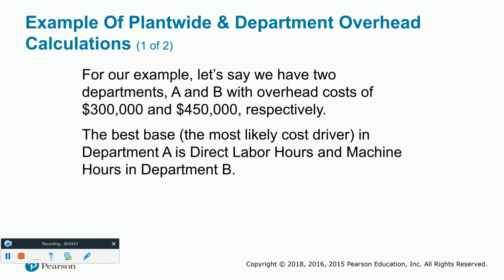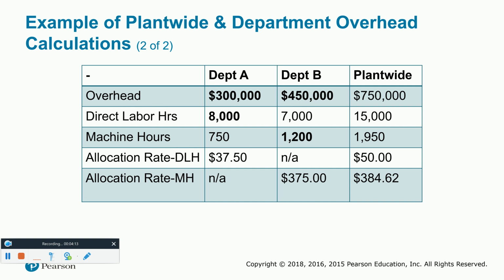The best cost driver in Department A is direct labor hours, and the best cost driver is machine hours for Department B. So in Department A, if I have 8,000 labor hours, and I take the $300,000 divided by 8,000 labor hours, I am going to get $37.50 per direct labor hour. That would be my allocation base.